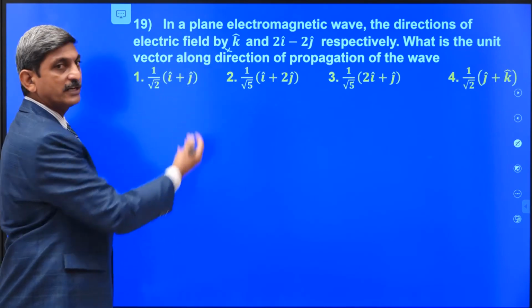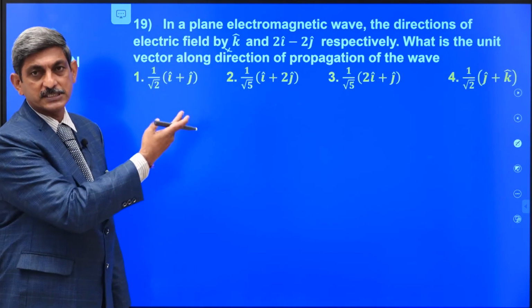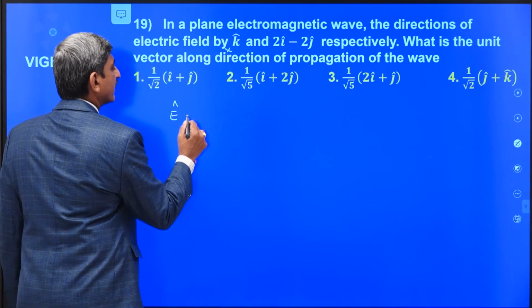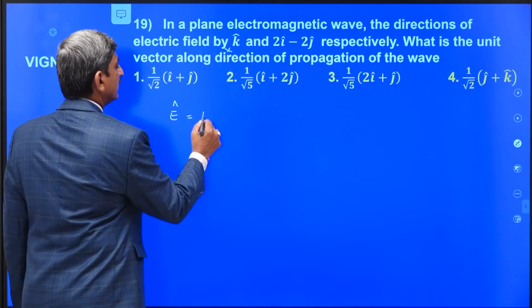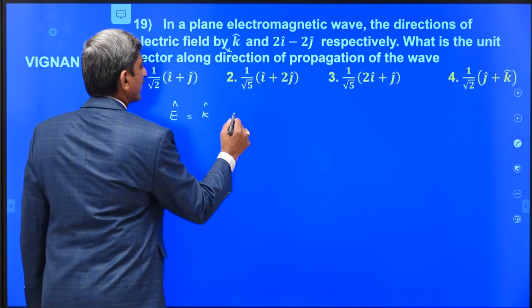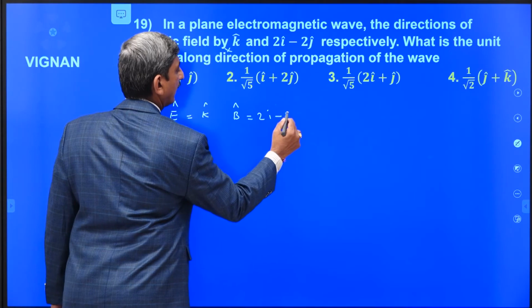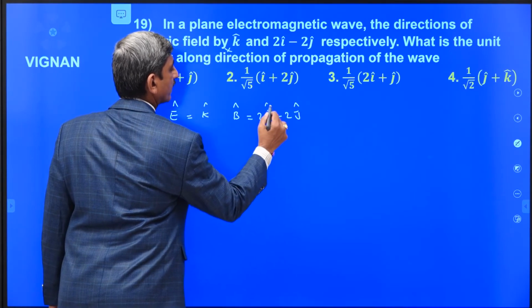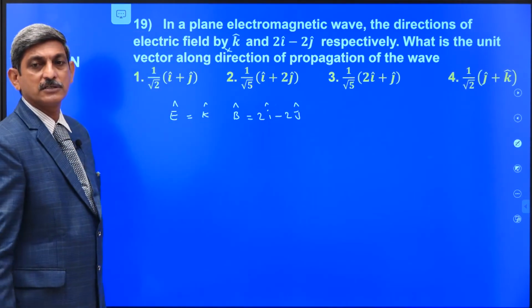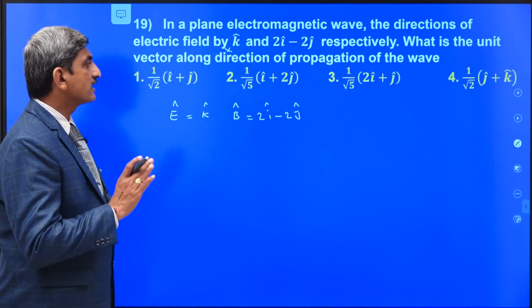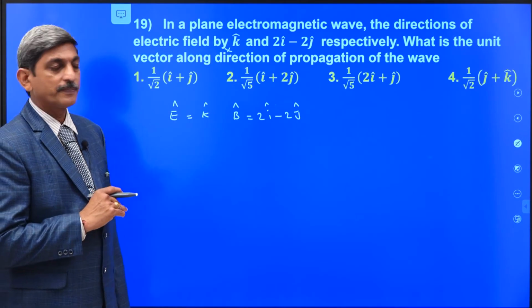Here, while typing the data, some data is missed. The unit vector in the direction of the electric field is k cap, and the unit vector in the direction of the magnetic field is given as 2i minus 2j cap. We want to find out the unit vector along the direction of the propagation of the wave.